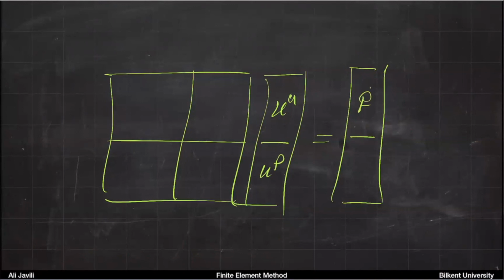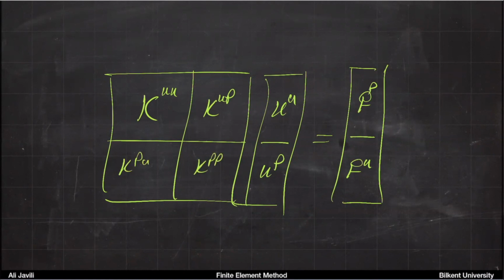So this would be prescribed forces, unknown forces, and then this would be, let's say, maybe we call it KUU, and then we call this KUP. Okay, so once you have this, then you can just solve for UU, and that would be it.